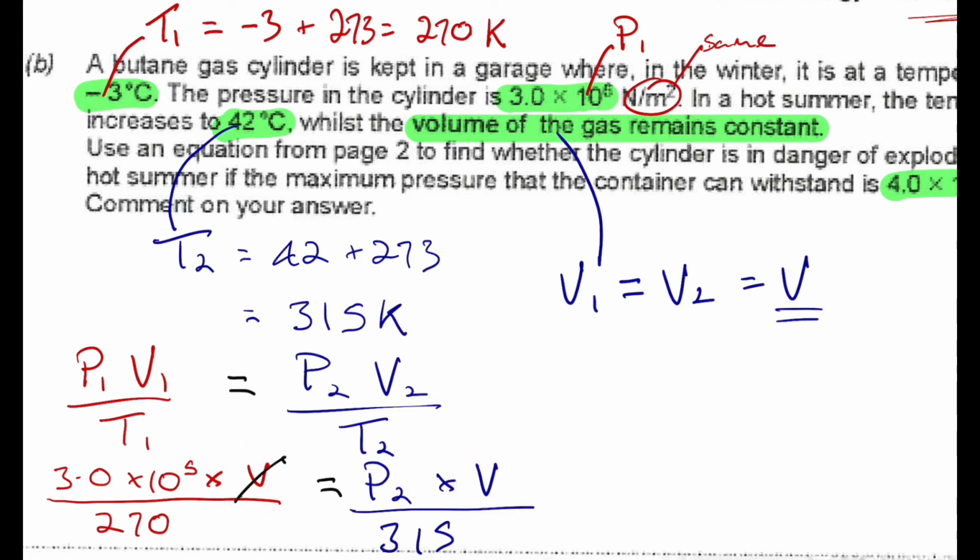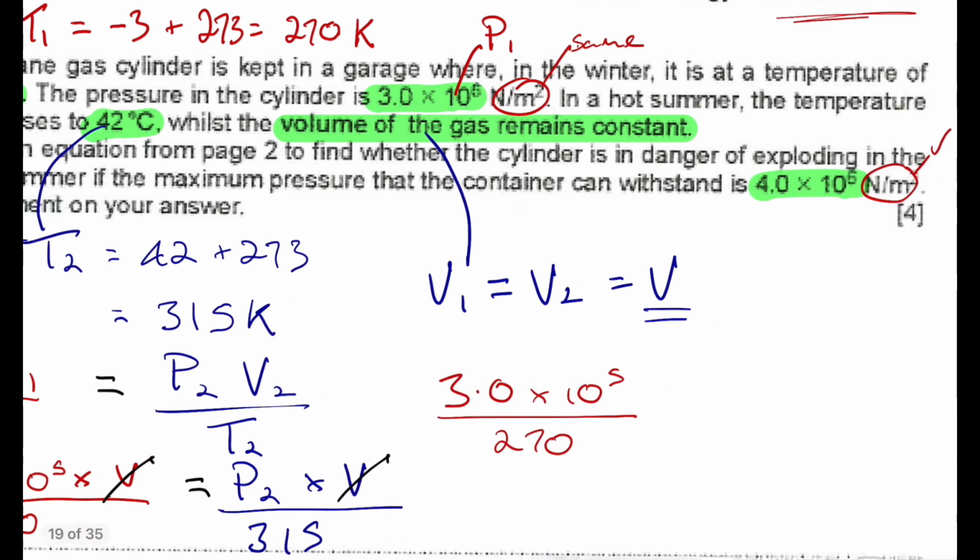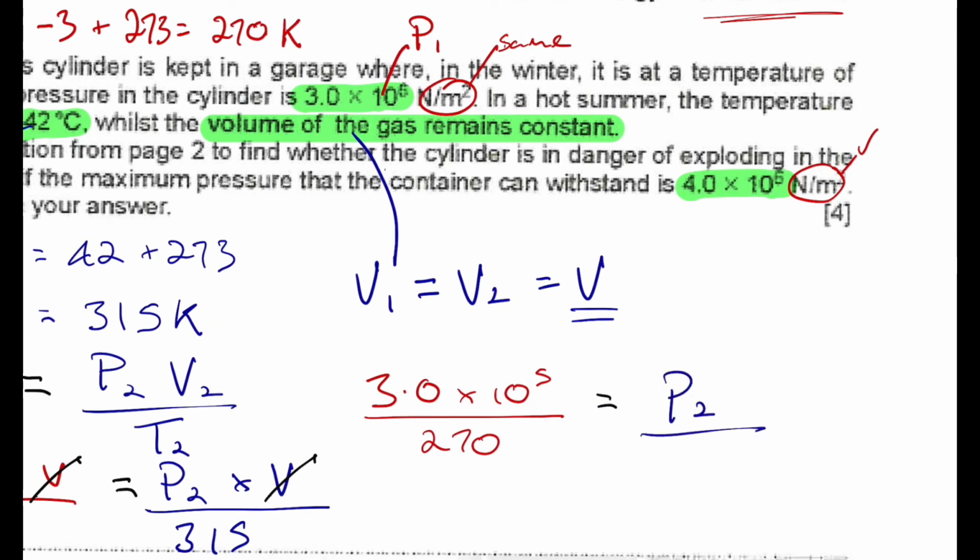As there are V's on both sides of the equation, they'll cancel out. That leaves us with 3.0 times 10 to the 5 divided by 270 equals P2 divided by 315. The next step is to rearrange to make P2 the subject, which means we need to multiply both sides by 315 to cancel out the 315 below the P2.